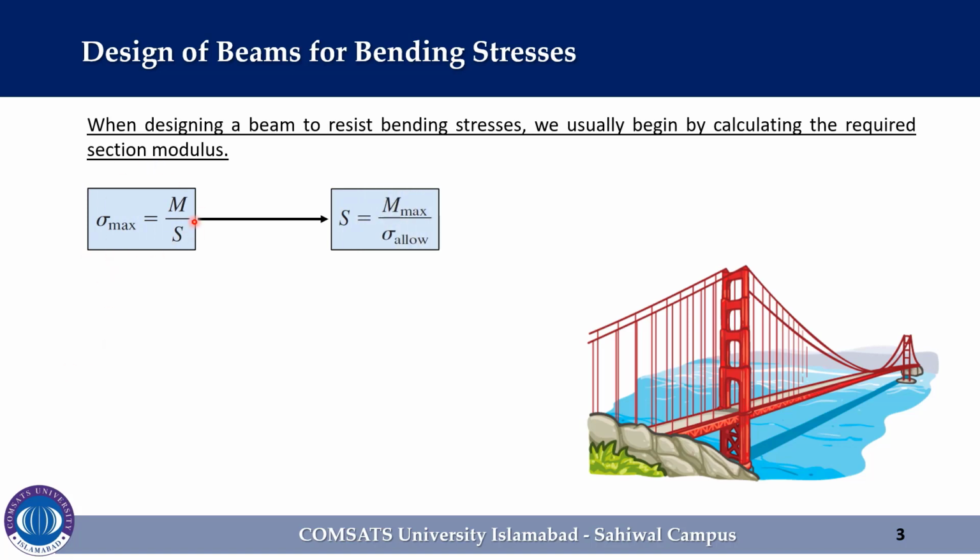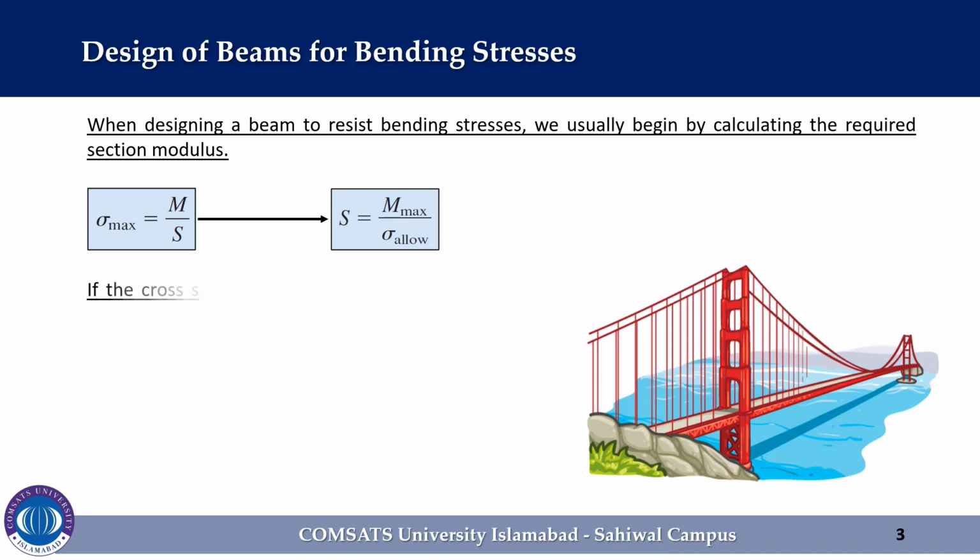Mathematically, we can write it as S is equal to M max over sigma allow. The allowable stress is based upon the properties of the material and the desired factor of safety. To ensure that this stress is not exceeded, we must choose a beam that provides a section modulus at least as large as that obtained from this expression.